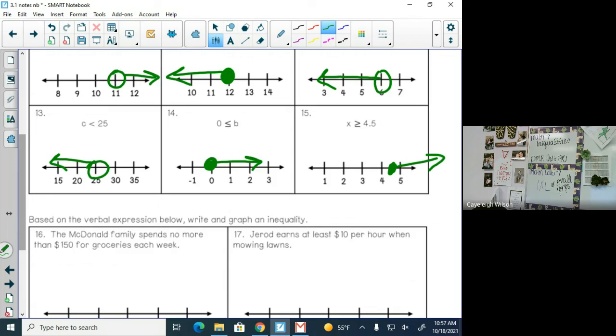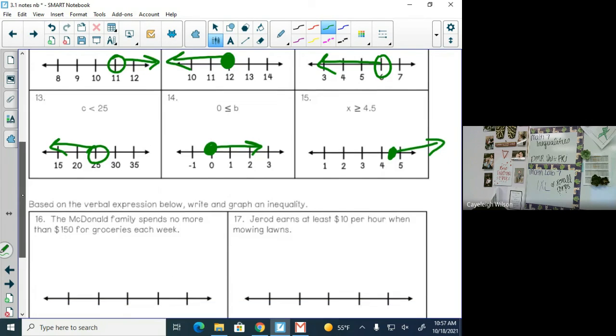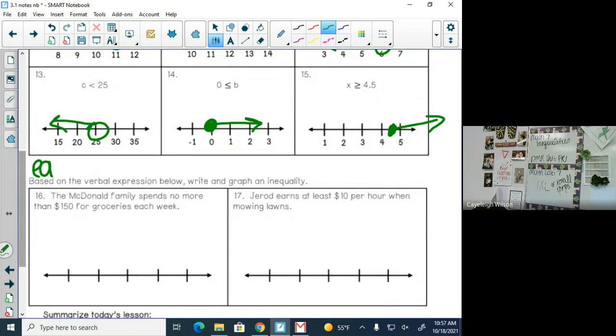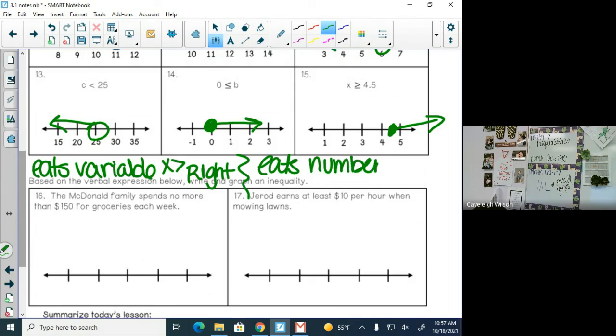All right, we're gonna add our last note under here. If it eats the variable, so what that means is if it eats the X, it always goes to the right. If it eats the number, it always goes to the left.